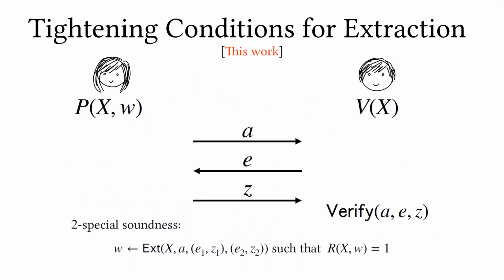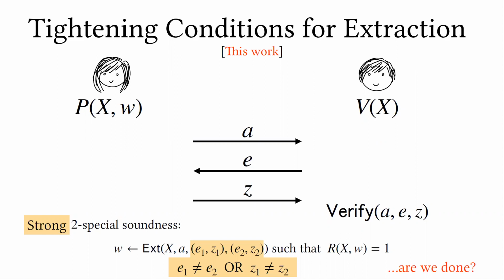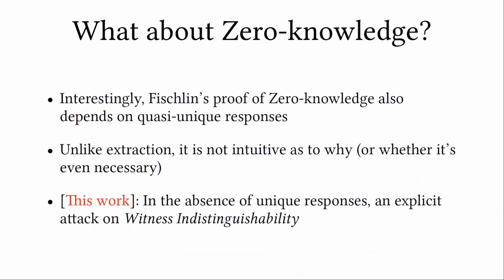So in our work, we formalize this folklore. We add this notion of strong two-special soundness, which in addition to the original two-special soundness also gives the extractor transcripts of this form, where either the challenge can vary or the response can vary. The second part is what's new. Right, so that looks like we fixed it.